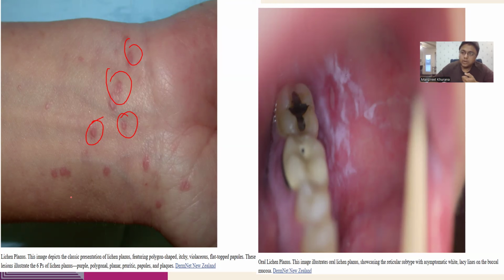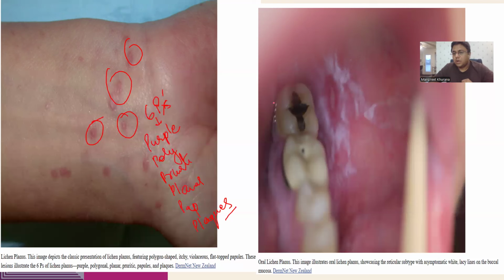So whenever we talk about lichen planus, there are 6 P's. The first P is purple. When we talk about the skin, they are polygonal, pruritic, planar, papules and plaques.